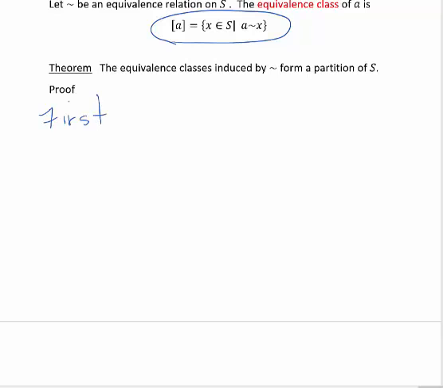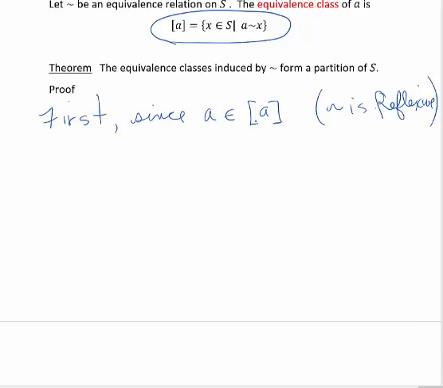First, since squiggle is reflexive, we know that every A is in its own equivalence class.